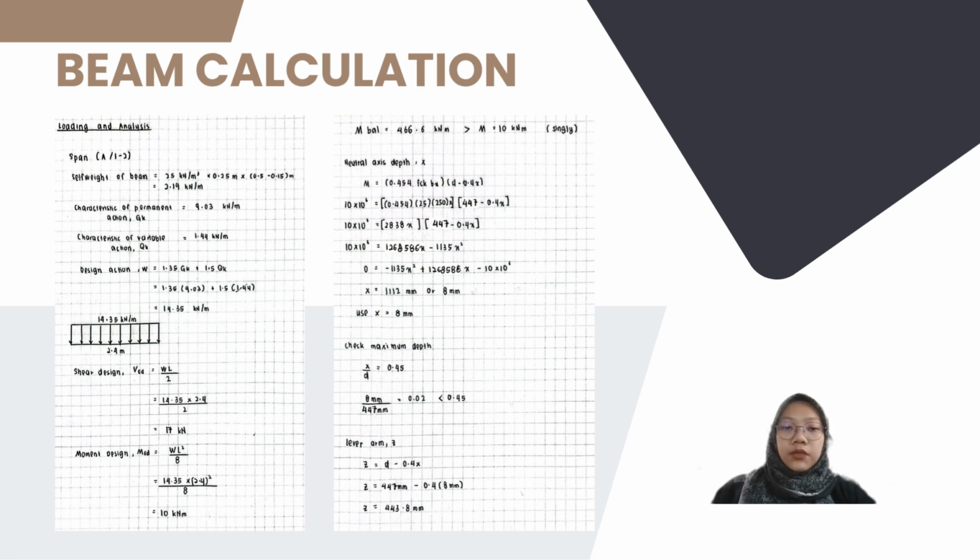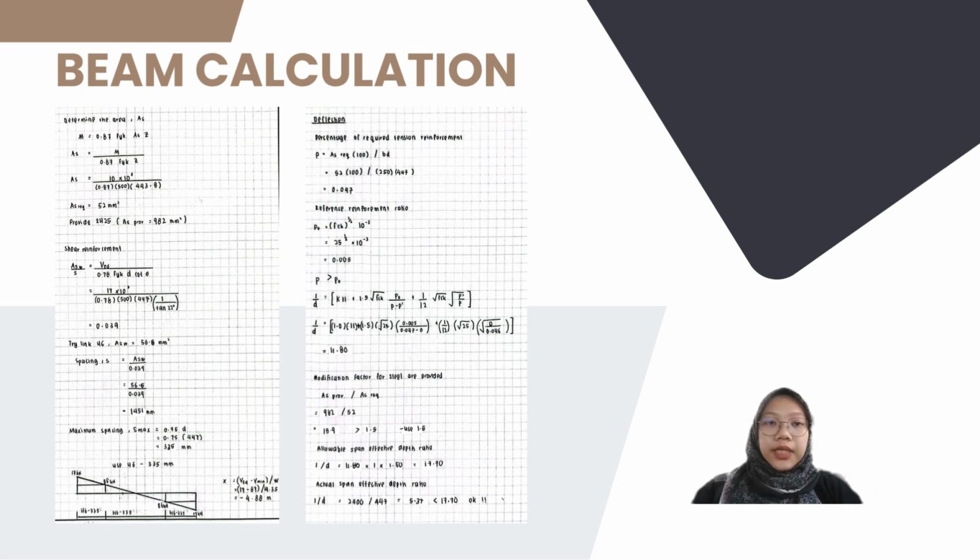Then we got 443.8 mm. Next, we need to determine the area As by using formula As equals M over 0.87 fyk z. Then we insert the data. We got the As required is 52 mm². Then we look at the table. The provided is 2H25. The As provided is 982 mm².